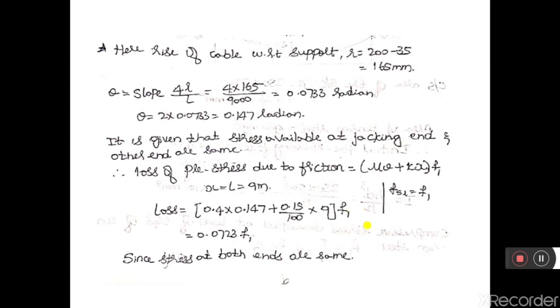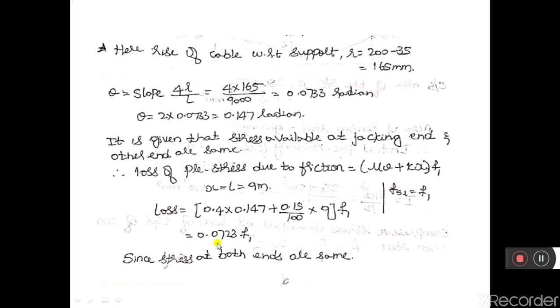The initial pre-stress is not given, hence I will keep it as F1 only. Therefore the loss of stress between left end and right end is equal to 0.0723 F1, or 0.0723 times the initial pre-stress. So this is the amount of loss.